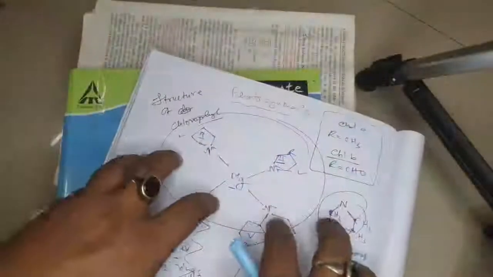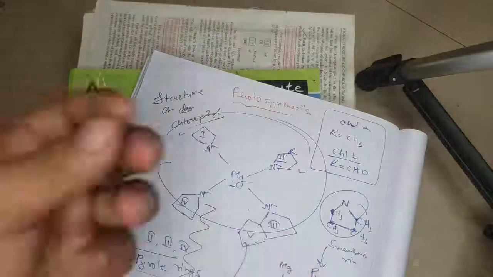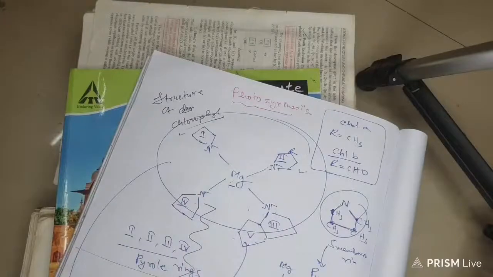So depending on the structure of the chlorophyll, we can understand the absorption of the particular wavelength or frequency of the light varies.